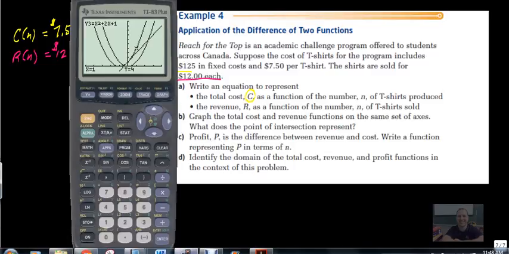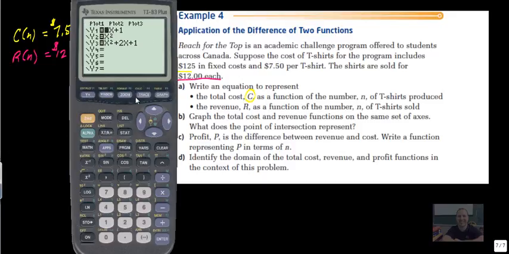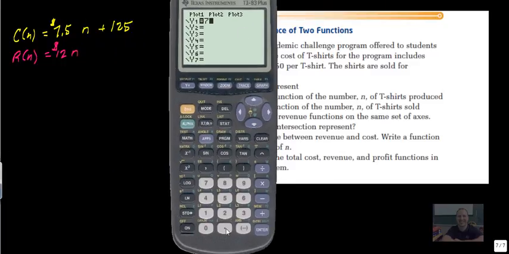Again, the graphing calculator helps us out quite a bit there. So let's clear everything off. And you can quickly do that: 7.5n plus 125, and the second function would be 12n, or x, obviously it's going to show up as x. If we graph this and you don't see the intersection point, which that question is asking you about, then you'll have to adjust your window.